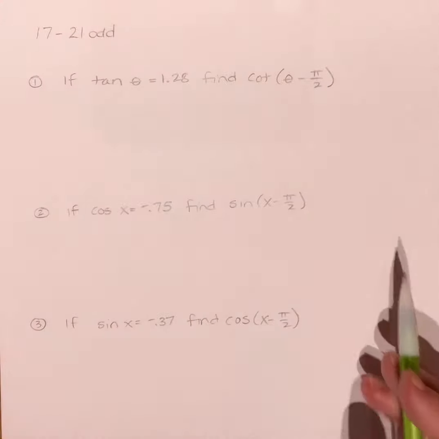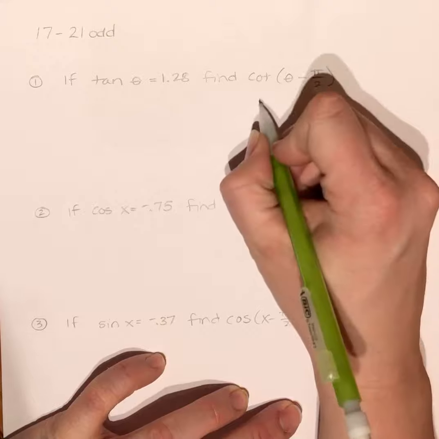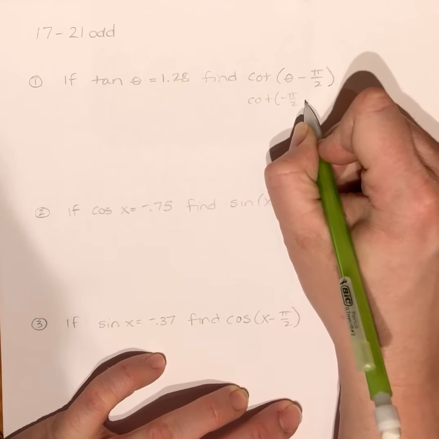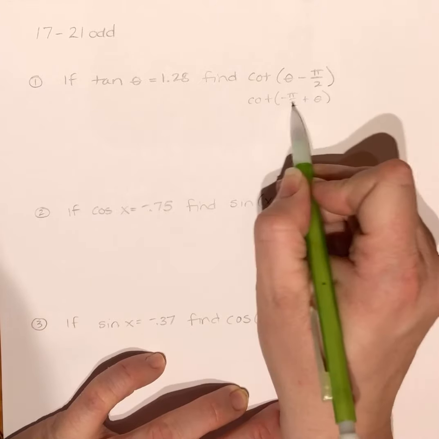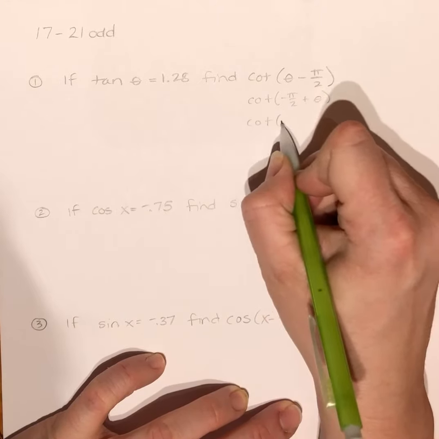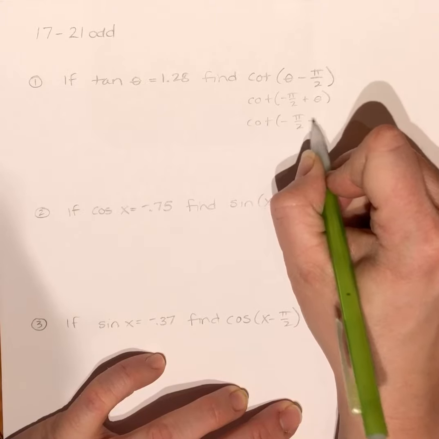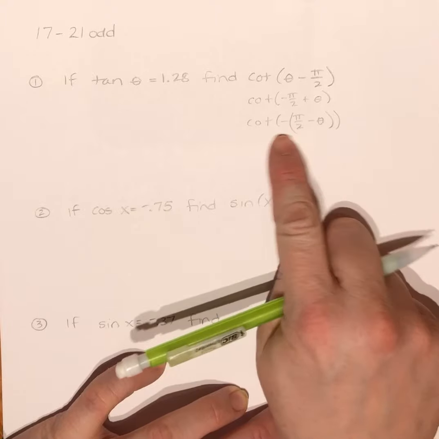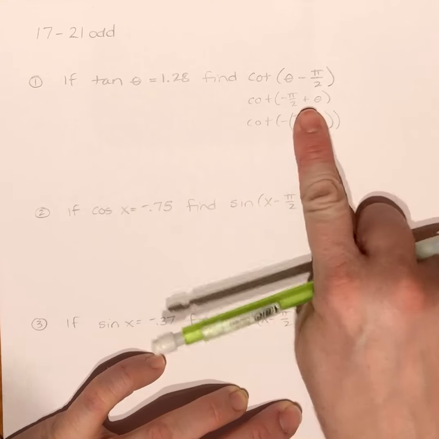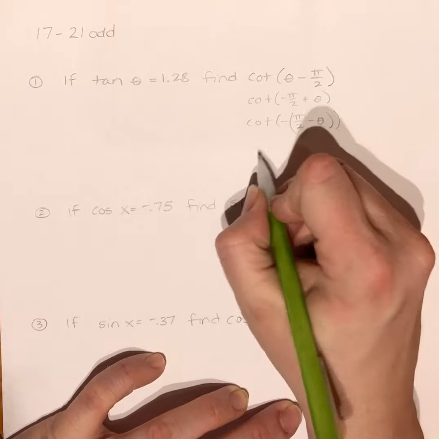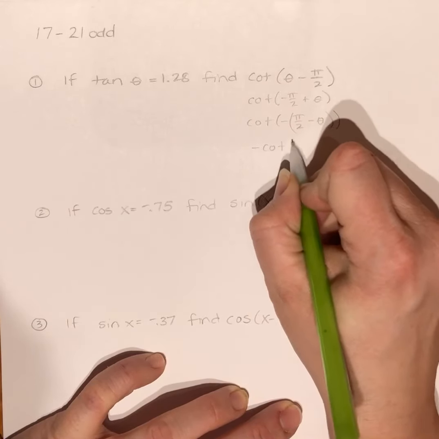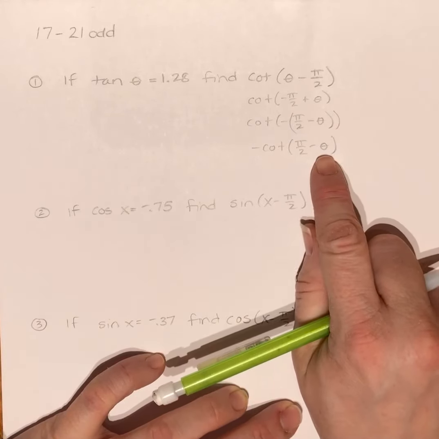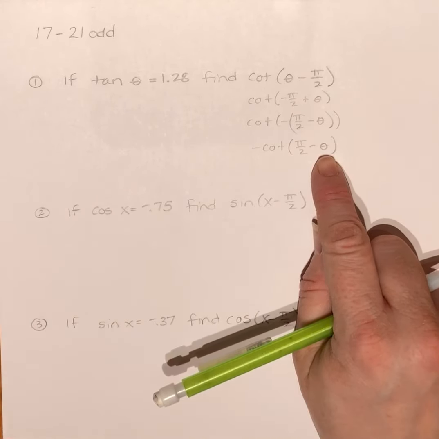And so if I take this and I switch these and I do a negative pi halves plus theta and I factor out a negative, now notice I have the cotangent of negative theta, and that is equal to the opposite of the cotangent of theta, but in this case we have theta minus pi halves, okay?